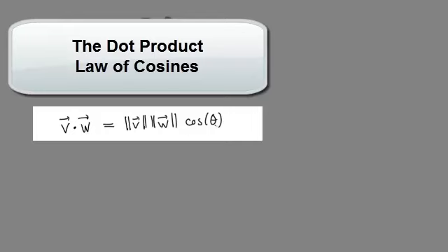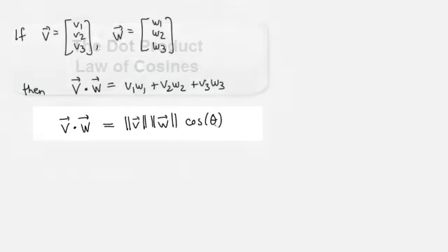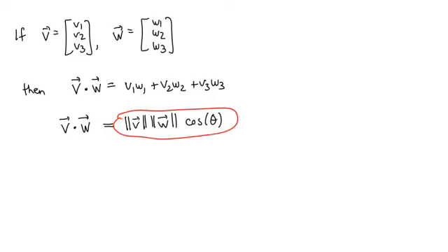This is sometimes called the dot product law of cosines. One of the most useful things about this is it gives us a way of checking on the angle between vectors. And how it works is like this. Just focus on the right-hand side of this equation. Now the length of v is always going to be a positive value, and the length of w is always a positive value. But the cosine of an angle could be positive or negative.